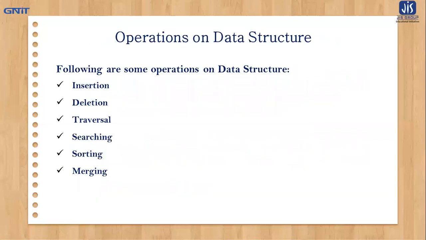Next, we have to know what operations we can do in a data structure. We can insert. Suppose we have a list, then we can insert some new value in that list. We can delete some value from the list. We can traverse the values. Suppose we have the database for 30 students for a mentor.